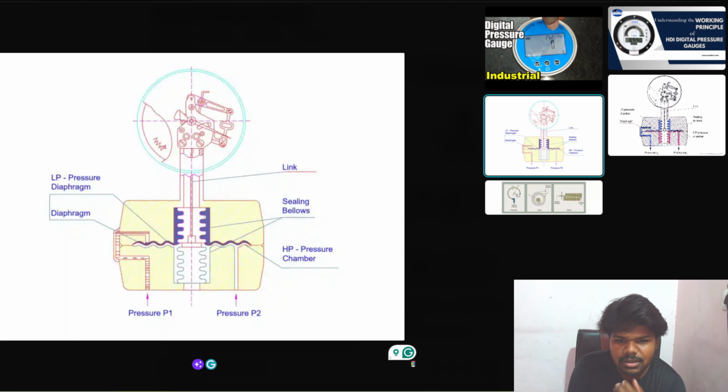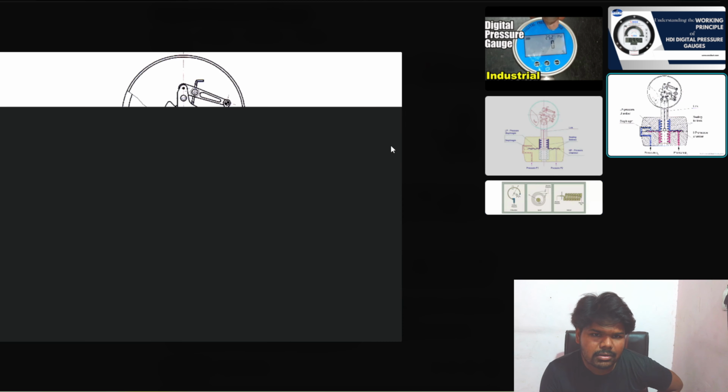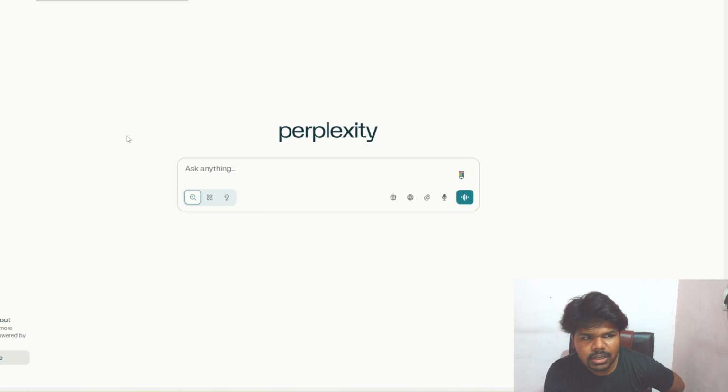This is a digital pressure gauge. It's a digital system.